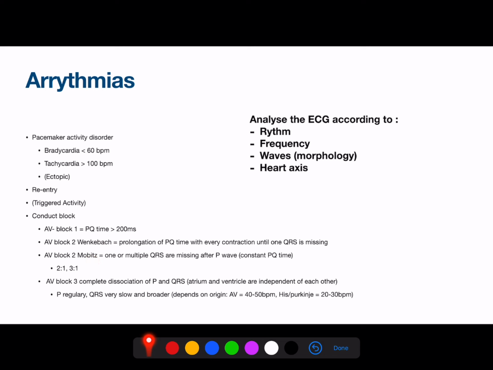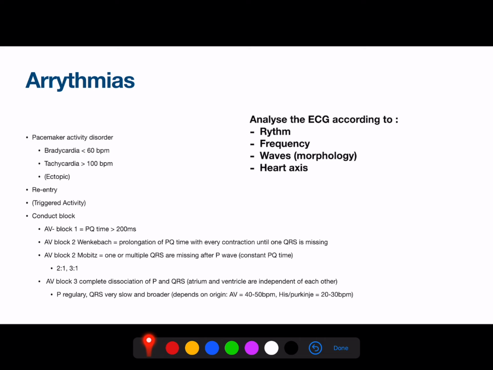In Wenckebach, we have the prolongation of the PQ time with every contraction until one QRS is missing. Then, because the SA node is intact, it still fires regularly.